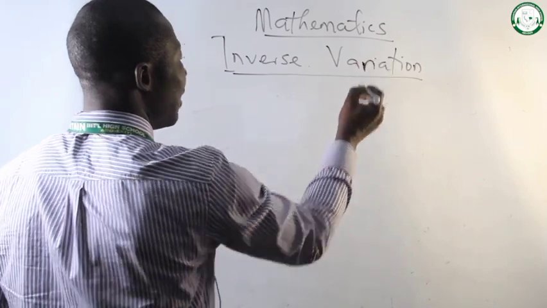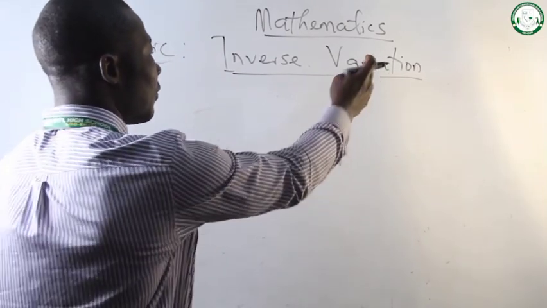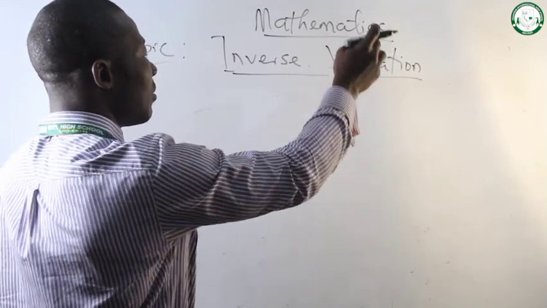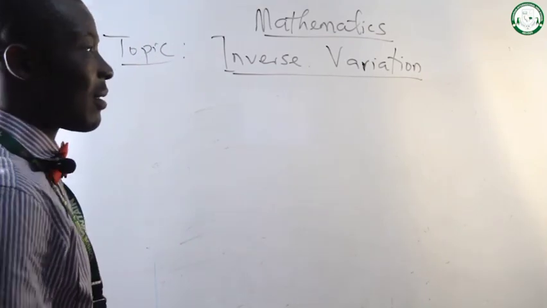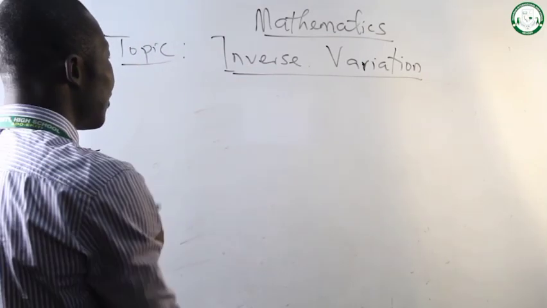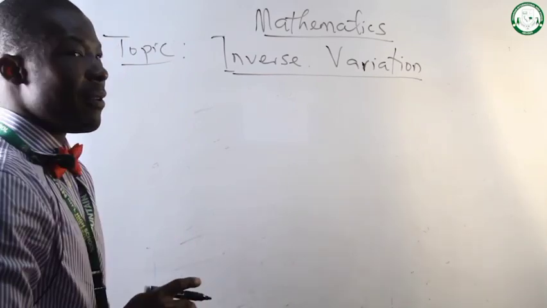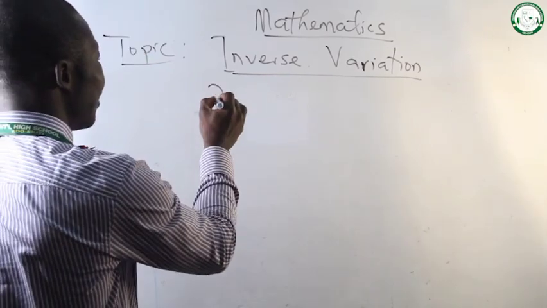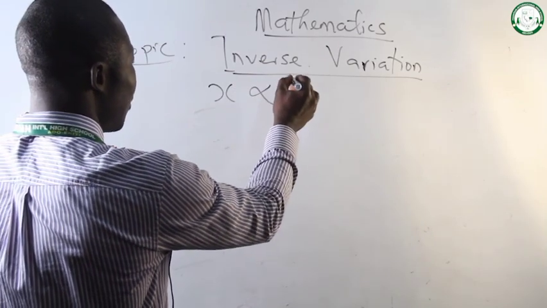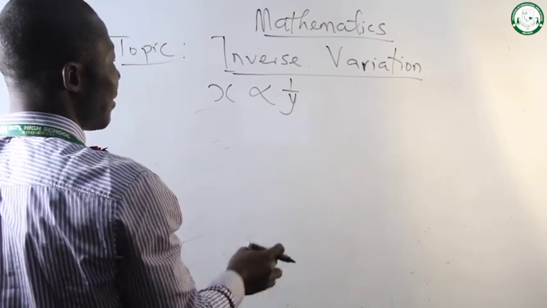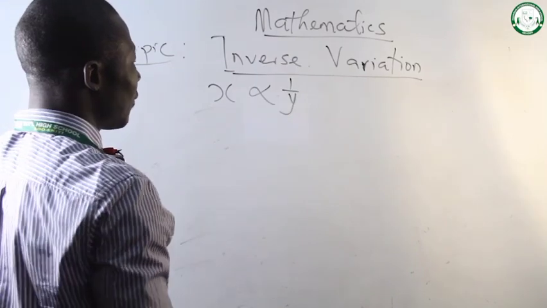And mind you, when we're talking about inverse, like the knowledge we know about it, let's say x varies to y. When we're talking about varies, it means 1 over.